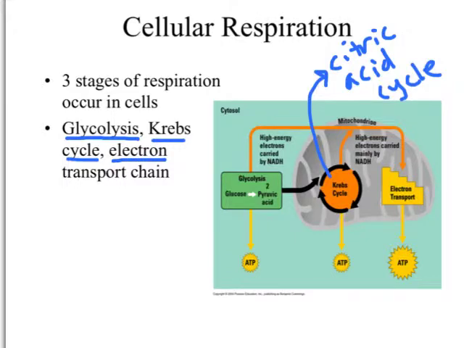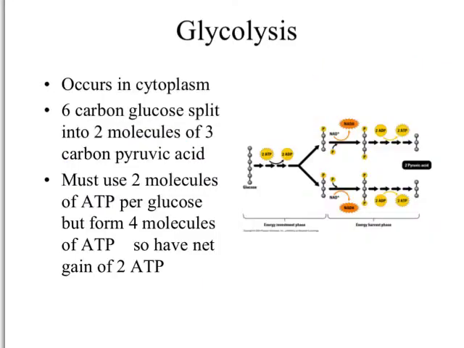And then we have the ETC, the electron transport chain, which, if you take a look at the picture on the right, happens in the mitochondria, and it's where we harvest most of the ATP from the redox reactions.